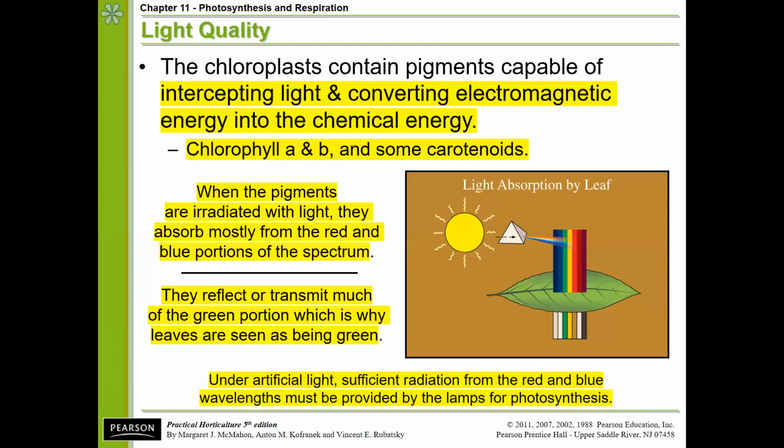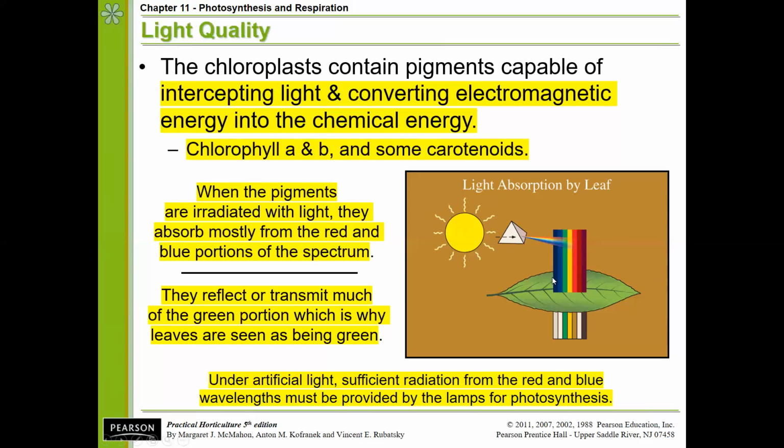When these pigments are irradiated with light, they absorb mostly the red and blue portions of the spectrum of light. And again, think about this whole idea of light passing through a prism, which reveals the electromagnetic spectrum, the Roy G. Biv, if you will, the colors of the rainbow created there.